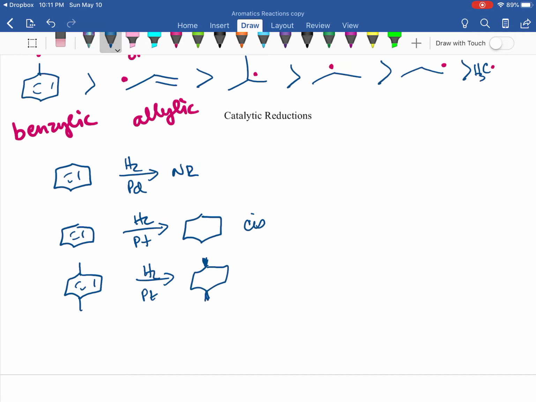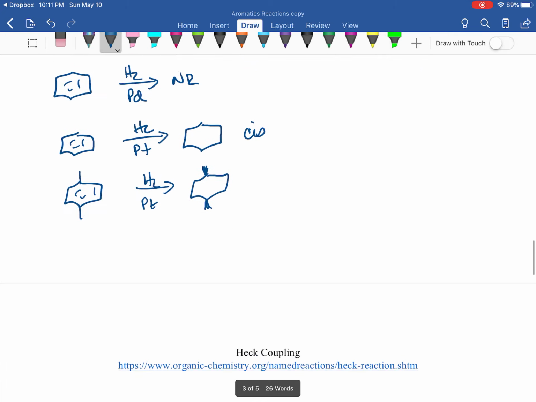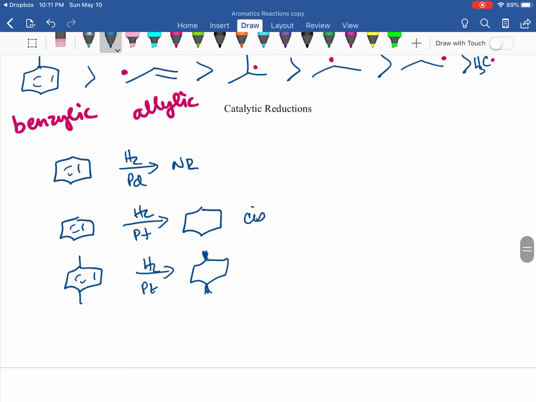If you do that reaction, you will end up with cis, not trans. It's still like our hydrogenation from our last unit. You're going to be on the surface of a metal, so they're going to happen on the same surface. So you can reduce a benzene. You just need a little bit more of a kick in the pants in order to do it.